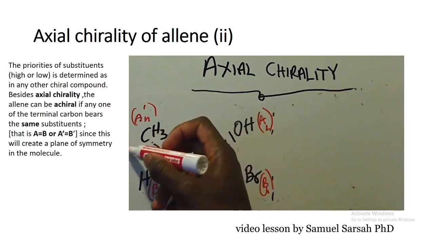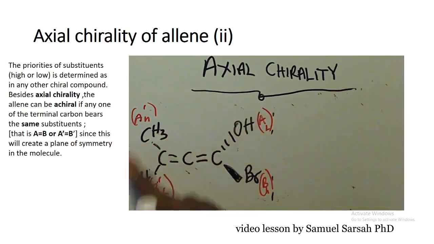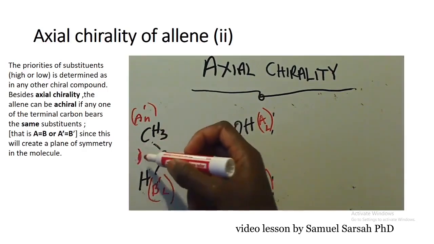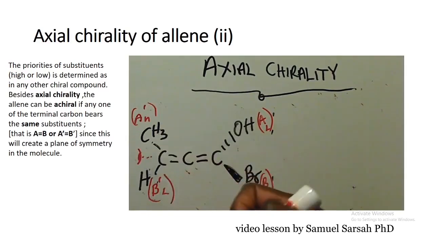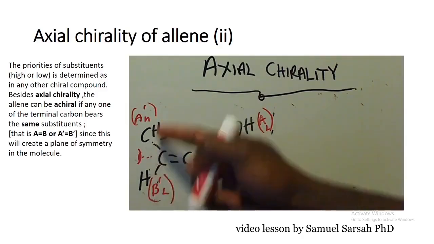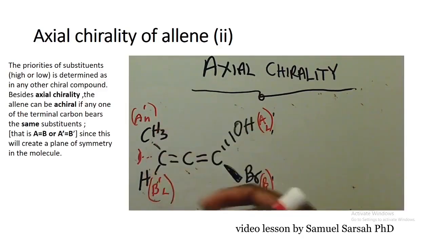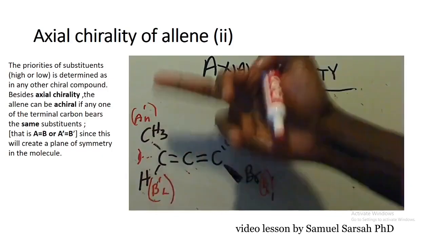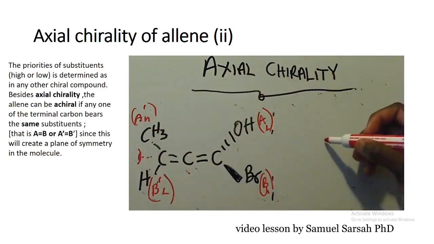Let me rather take it from here. So if I'm standing here, I will see these groups, the methyl group and hydrogen first, and this group pointing in the vertical plane of the board.